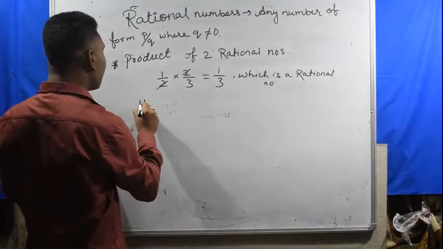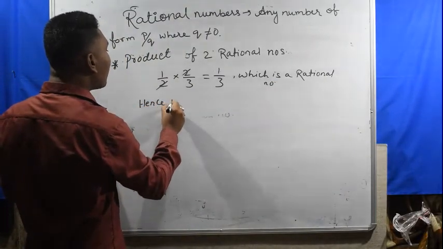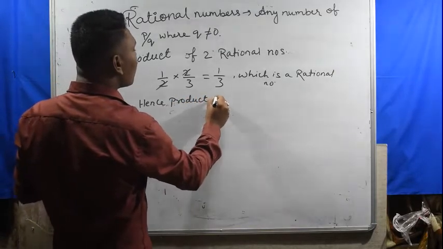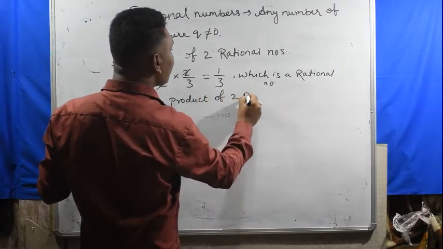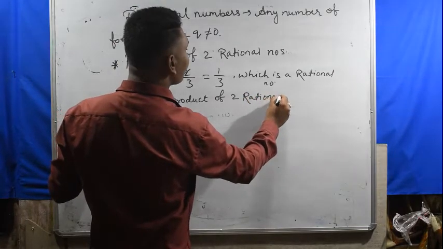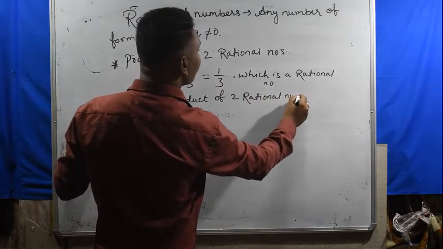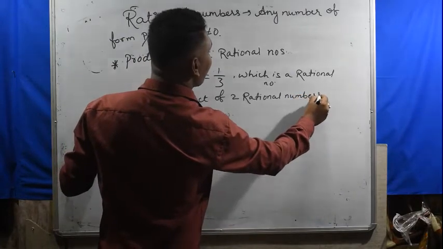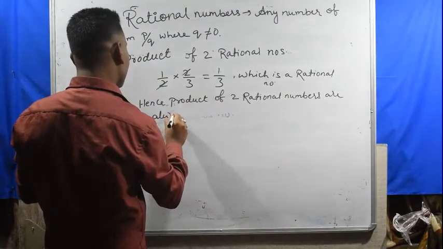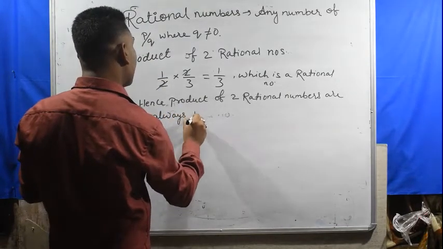Hence the product of two rational numbers is always rational.